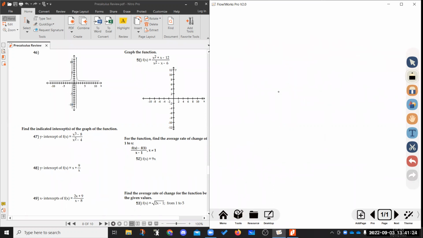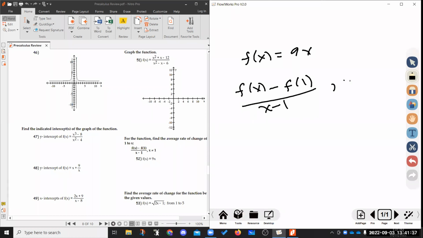Now, for this function, f of x equals 9x, they want me to find f of x minus f of 1 over x minus 1. This is a different kind of difference quotient here.